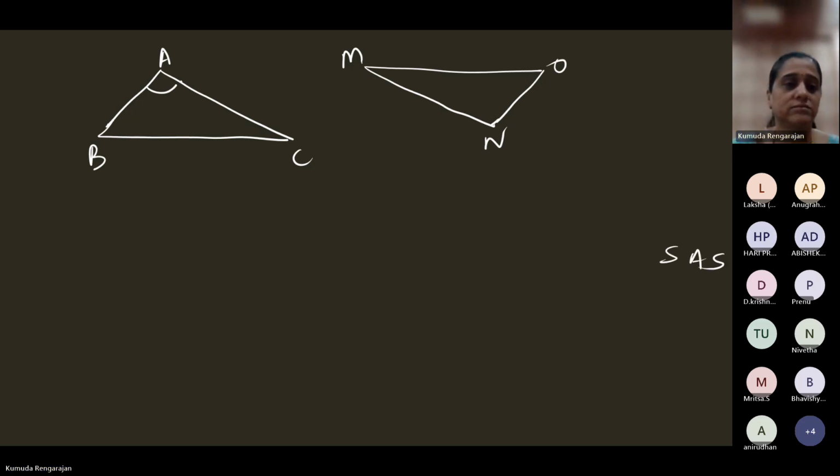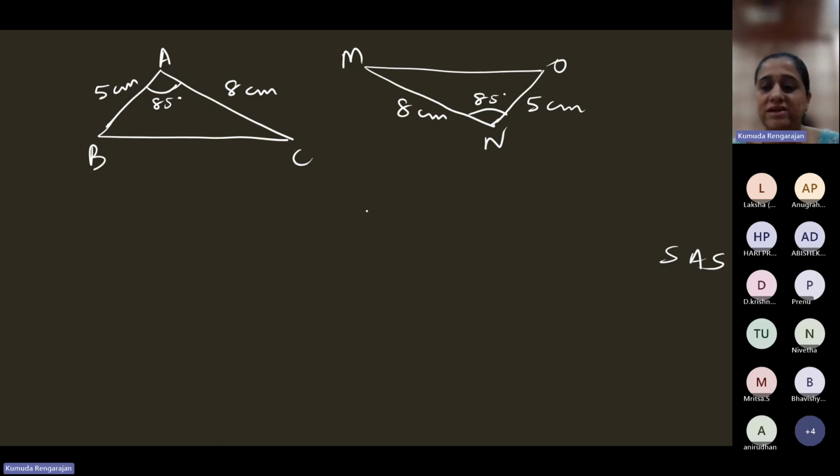SAS, children. Okay, so SAS basically is two sides and the included angle.